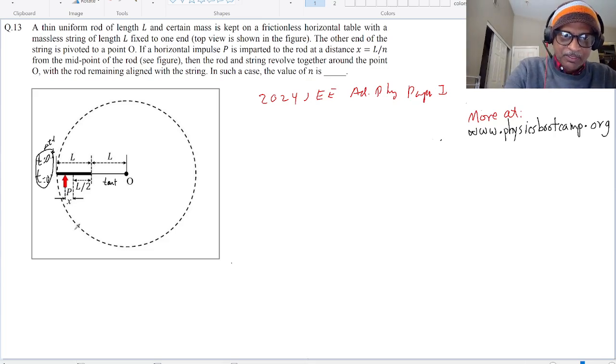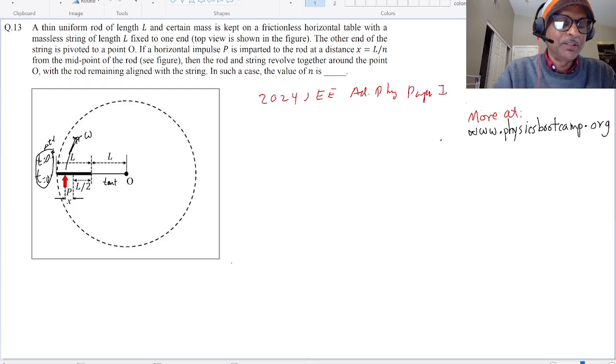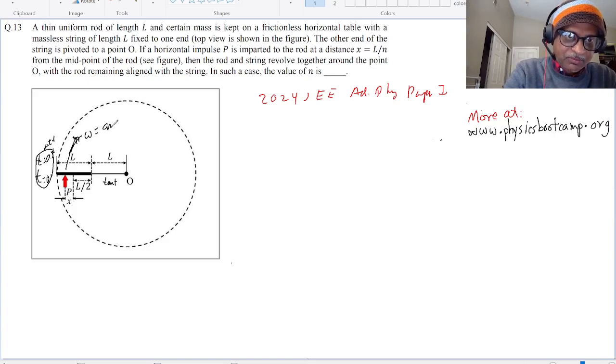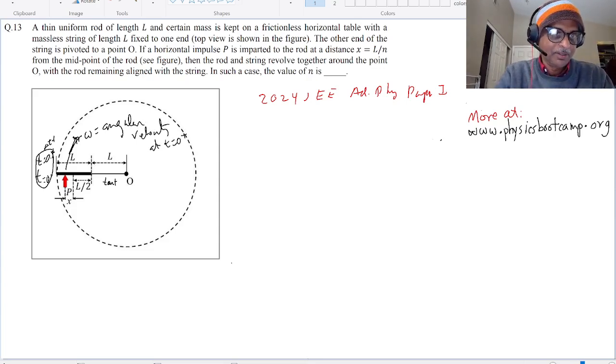You get a rotation, with omega as its angular velocity at an instant after the impulse stopped acting.